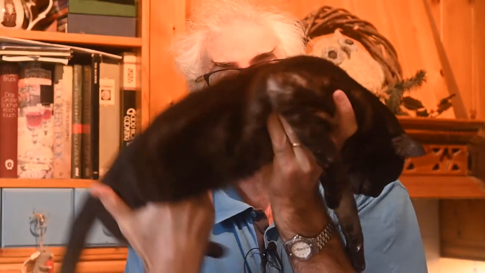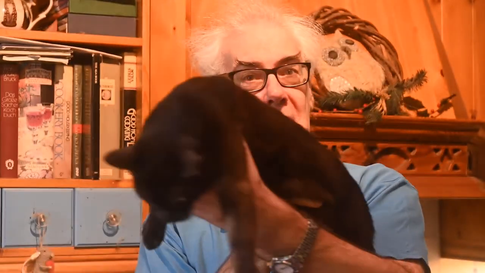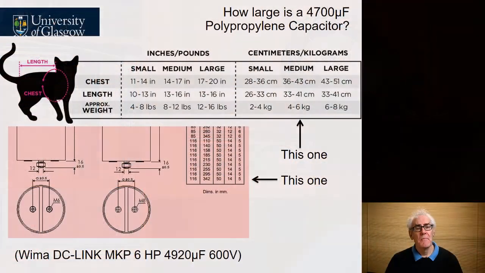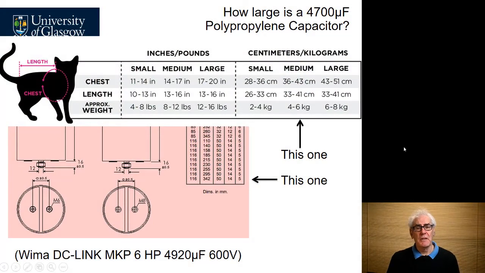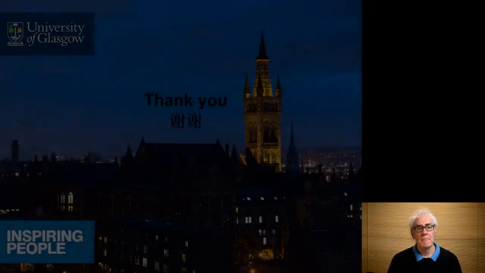And that is the size of a 4,700 microfarad capacitor. And if we look at the value here for a medium-sized cat between 4 and 6 kilograms, this is approximately the same size as the capacitor that we need to use for your original circuit.